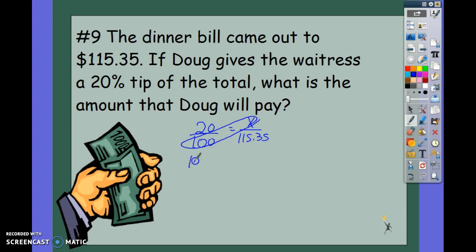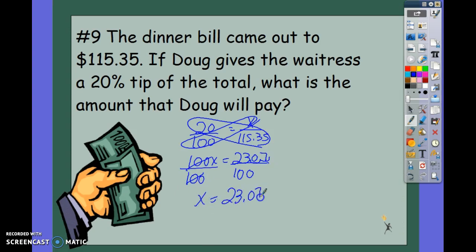Solve our proportion. We get 100X equals $115.35 times 20, which is 2,307. We divide both sides by 100 to isolate our variable. When we divide by 100, our decimal moves 2 places to the left, so we get $23.07. That's the amount of our tip.